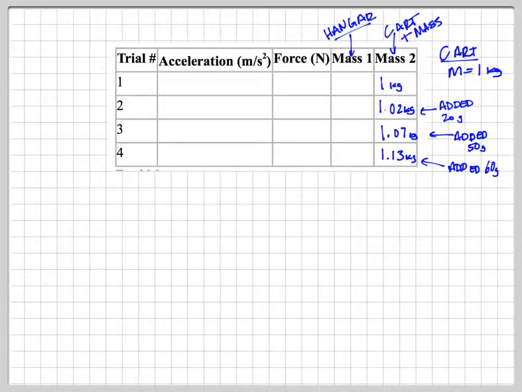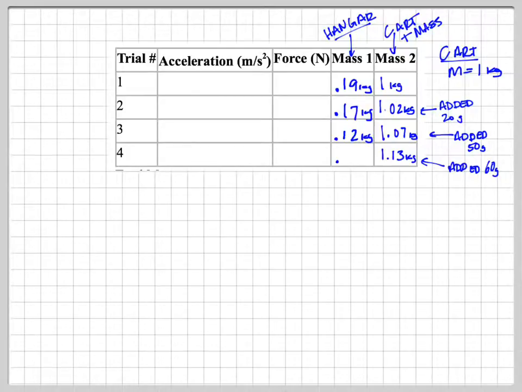That's the cart. So in here, you're going to start off with something small, like 0.19 kilograms. And then since we added 20 to mass 2, we subtracted 20 from this, so 0.17 kilograms. And then we added 50 to mass 2, so this went down, and I have 0.12 kilograms.